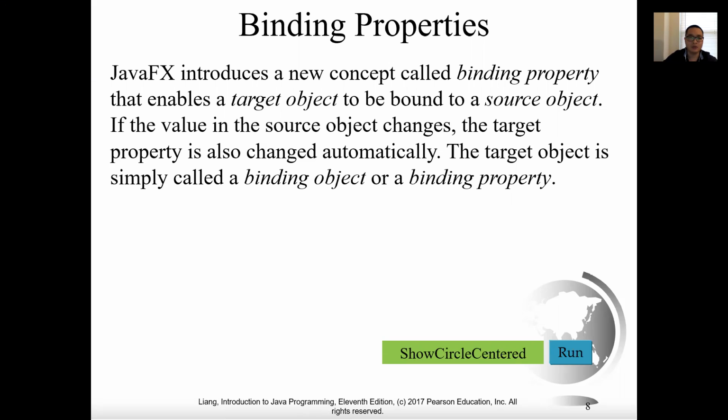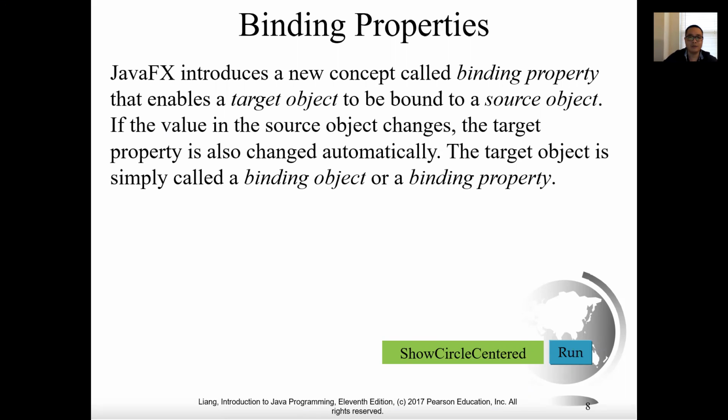Here we want to introduce an interesting property, which is a binding property. This concept enables a target object to be bound to a source object. So if the value in the source object changes, the target property will also change automatically. And the target property is called the binding object or binding property.